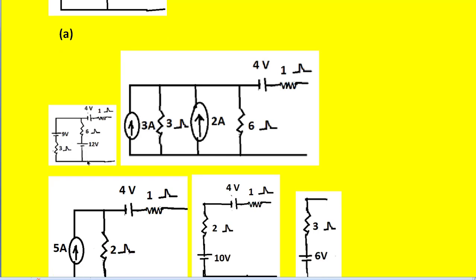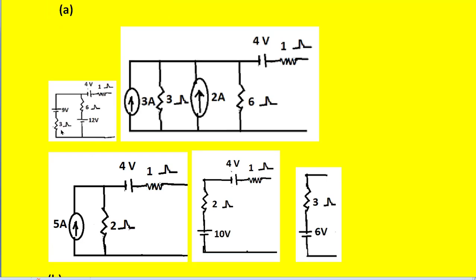So we know this is the given circuit. Convert this voltage source into a current source. The voltage value is 9 and its internal resistance is 3. So 9 by 3 is 3 amperes. We represent its equivalent current source as 3 amperes, and this 3 ohm resistor will be in parallel with this equivalent current source.